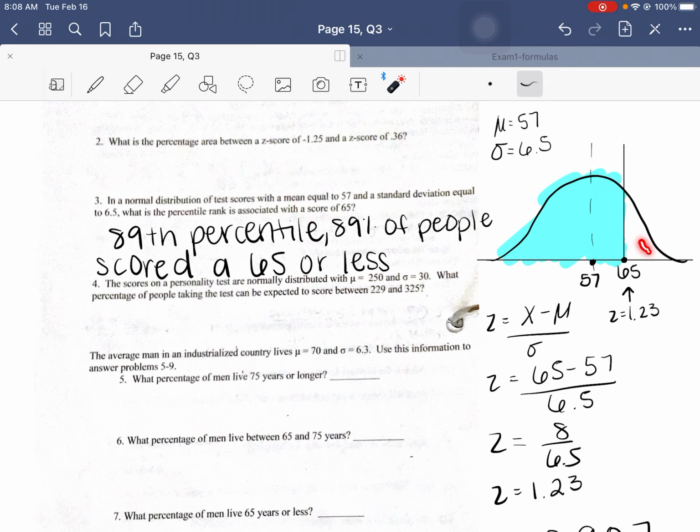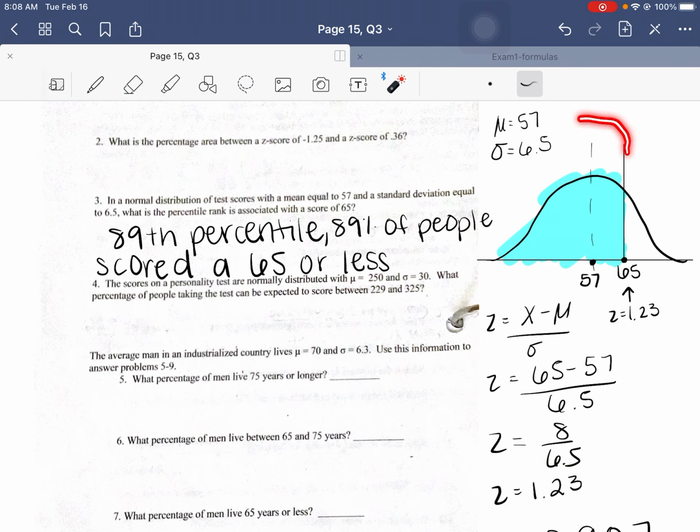Then I marked off about where I thought the score would be that it gave us, which was the score of 65. The next thing I did was convert that raw score into a z-score using our formula provided on the formula sheet. I found that the z-score was 1.23.